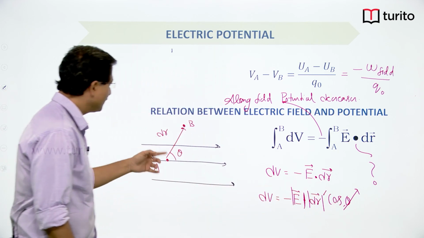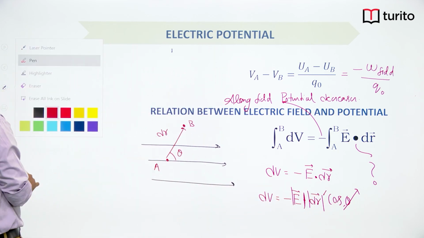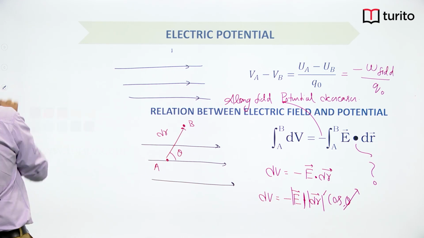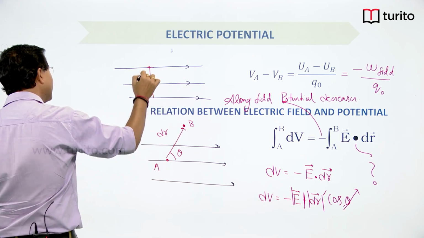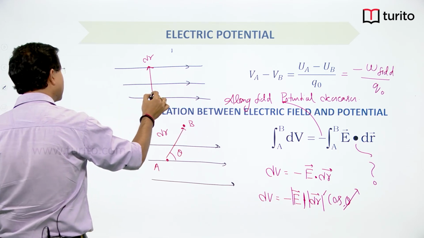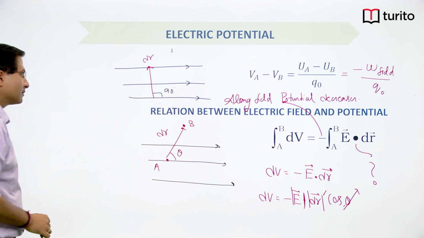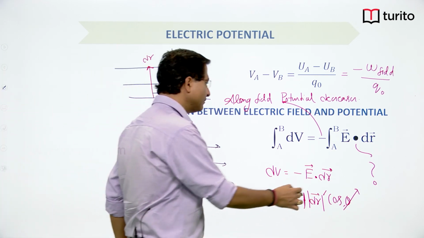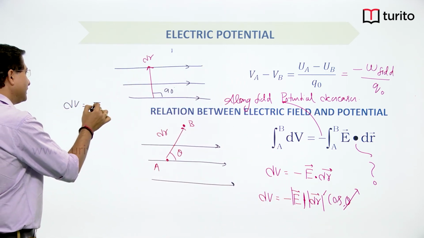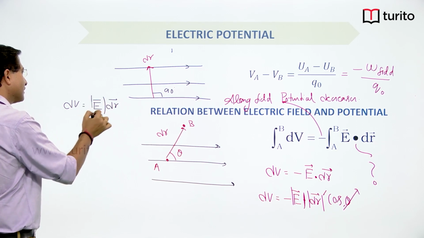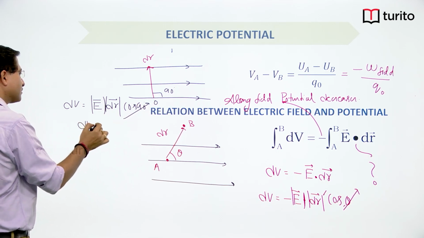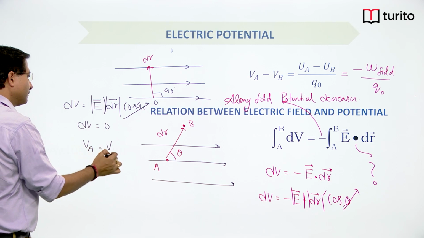Is that clear? So, if the field is this way, and I go by dr distance this way, this angle is 90 degrees, then cos 90 will be 0, and what I will write, dV is equal to E dr cos 90, this term is 0, that means dV is equal to 0, that means VA is equal to VB.